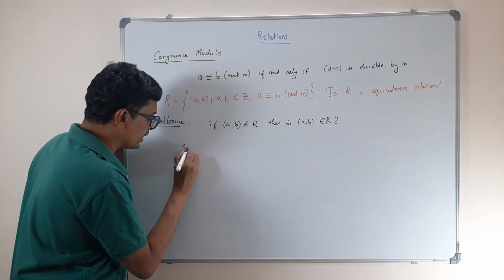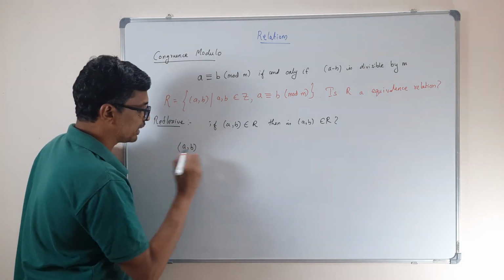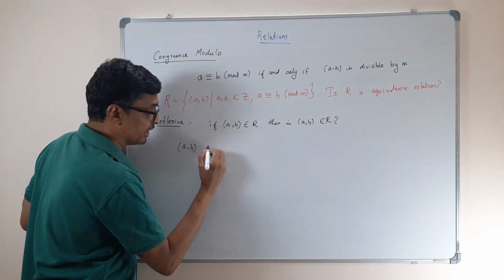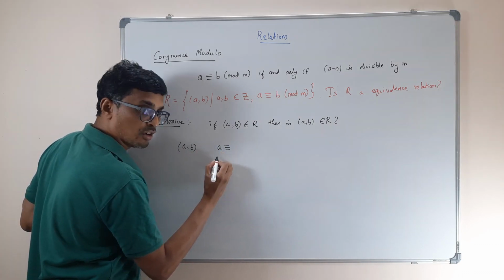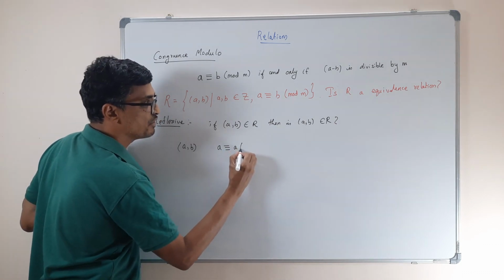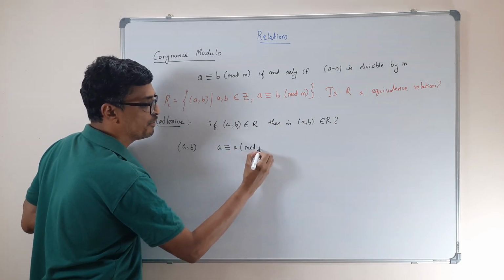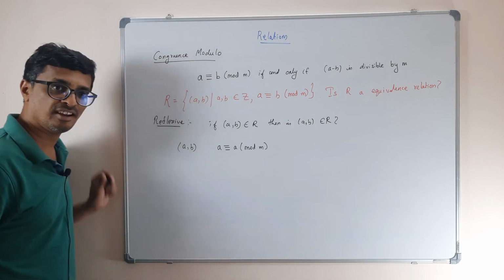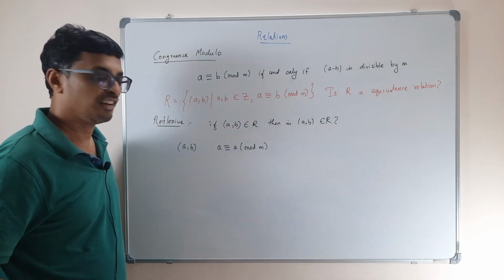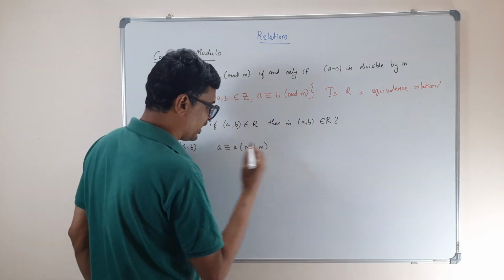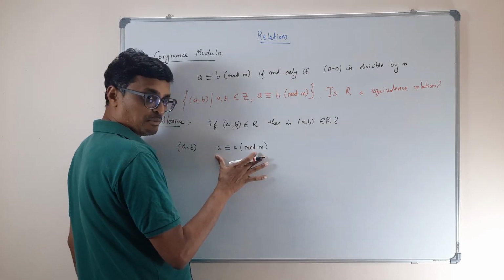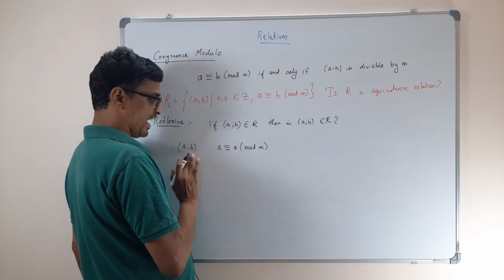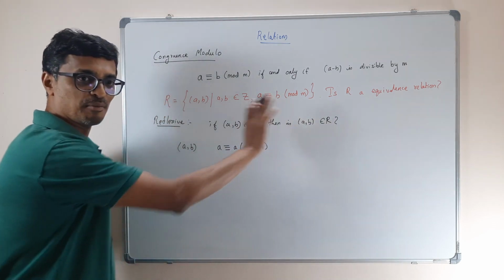So (a, a). Now the condition is whether a is congruent to a mod m. Yes. Why? Because m divides a minus a, which is zero. So yes. So if this statement is correct, then of course (a, a) is also an element of R.